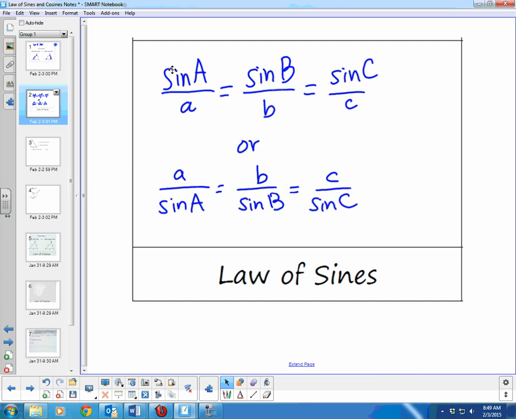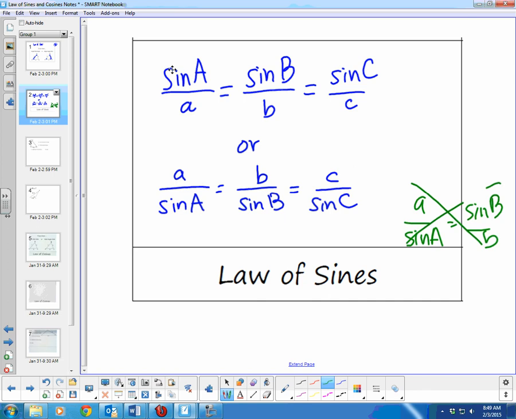So what you could not do is A over sine A equals sine B over B. This would not work. They need to be either all in the numerators or all in the denominators.